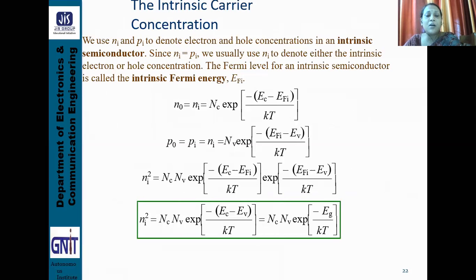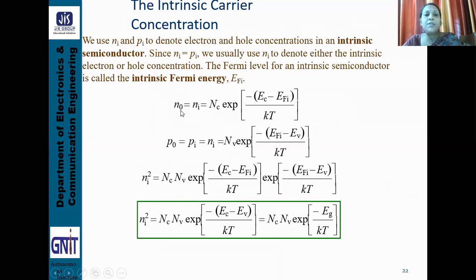And if these two are equal, the Fermi level of an intrinsic semiconductor lies in between the forbidden energy gap, and this Fermi level is then called the intrinsic Fermi energy, EFI. So here we know the formula N naught equals Nc exponential of (Ec minus EFI) by kT, where for an intrinsic semiconductor we are considering EFI.